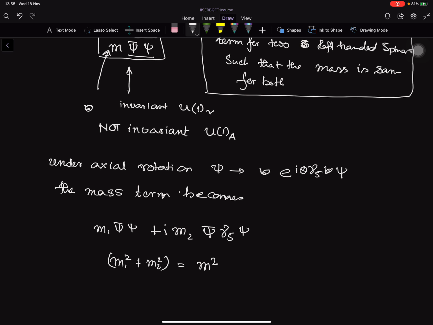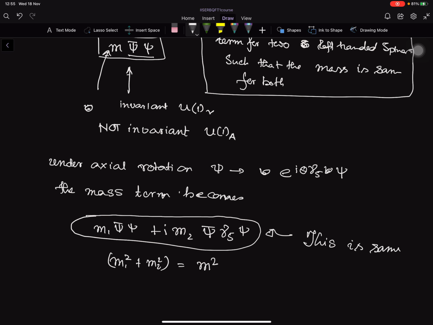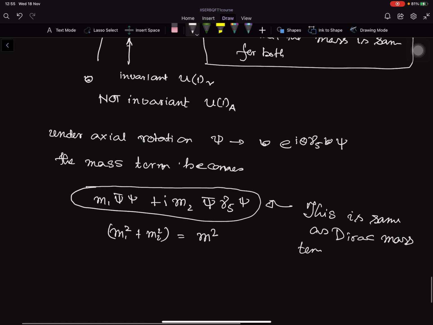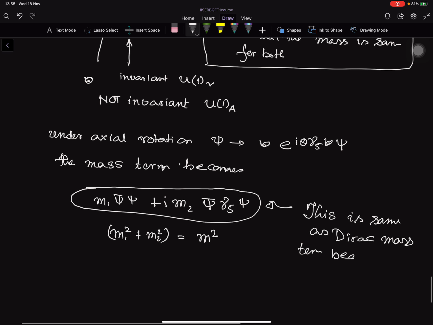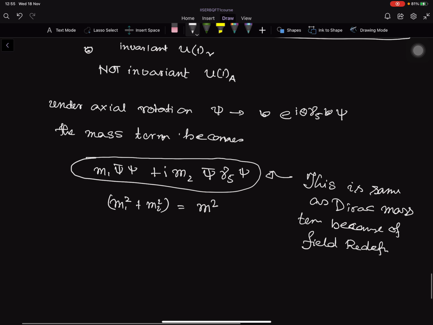So the bottom line is that, more generally, one can write down such a mass term, but this is the same as the Dirac mass term because of field redefinition, where psi goes to exponential i theta.